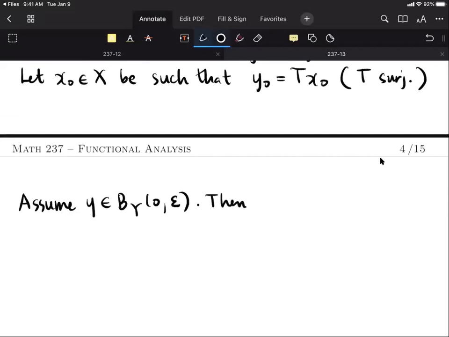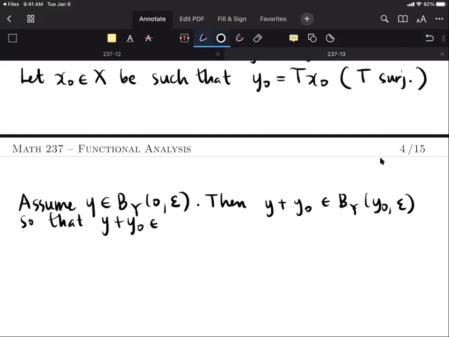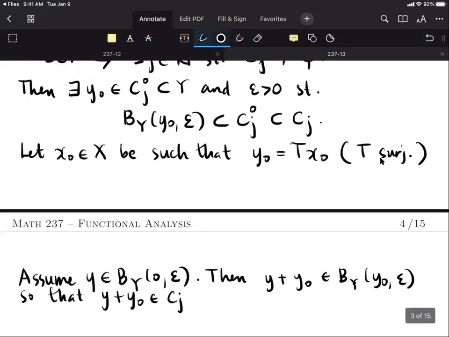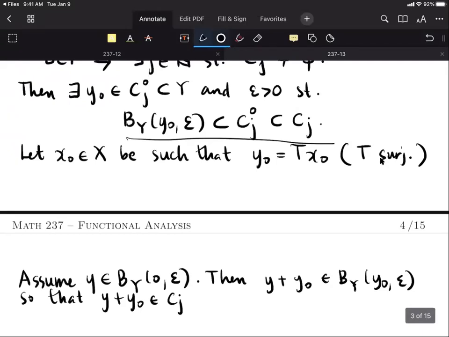Then, let us translate this by y naught. So now the center would be y naught, so that this translation is an element of Cj, according to this inclusion here.